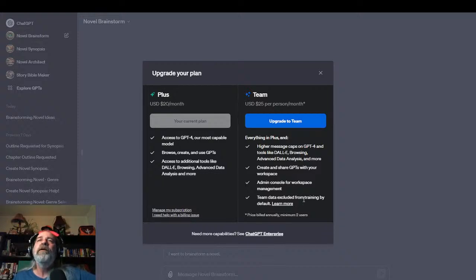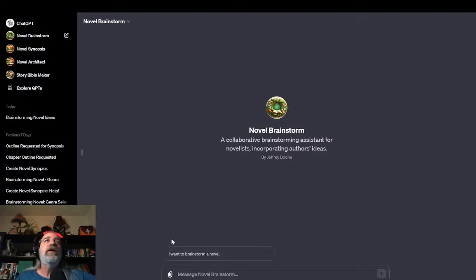But anyway, this says the 32,000 token context window is available in this, which would imply that it's not available in this, but I feel like it is.